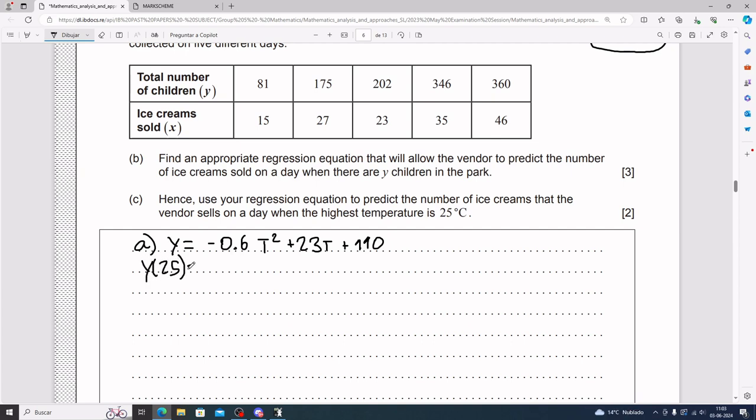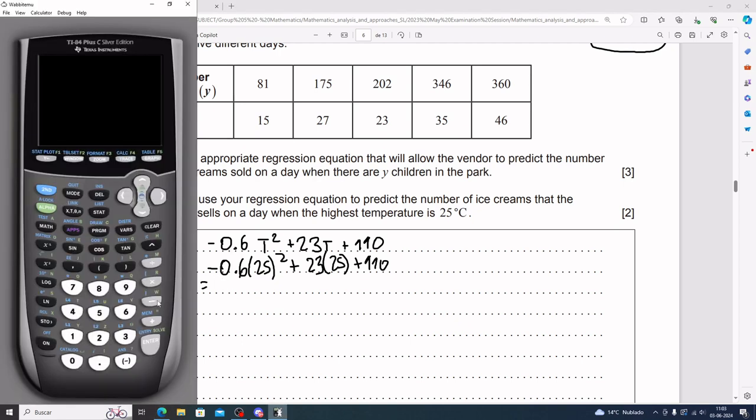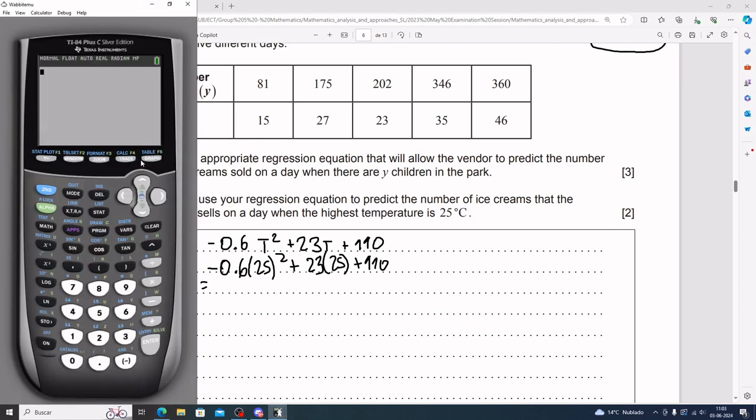So y of 25 is negative 0.6 times 25 squared plus 23 times 25 plus 110. Now, unless you're very good at mental math, you're going to pull out your graphing calculator because remember, this is paper 2. You can use your graphing calculator. So negative 0.6 times 25 squared plus 23 times 25 plus 110.